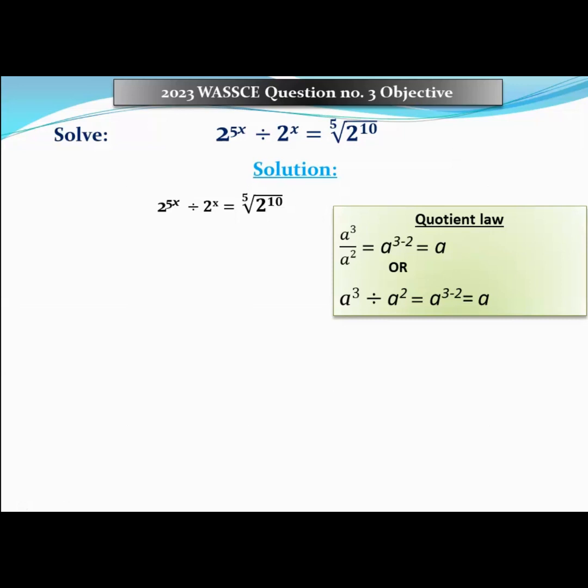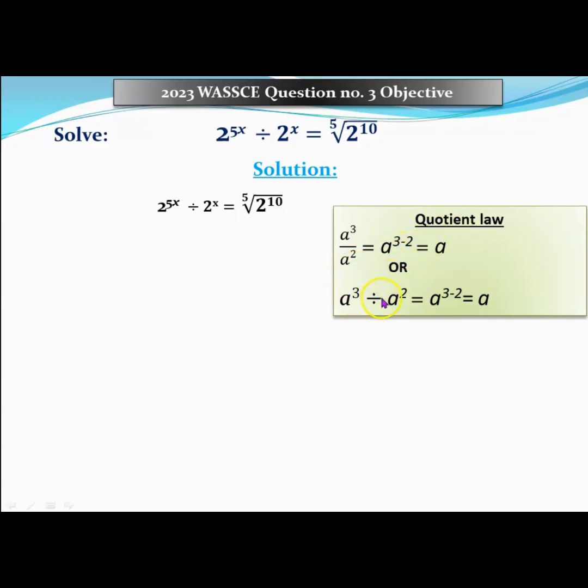We have the quotient law, or rule. If we have a to the power of 3 divided by a to the power of 2, that will be equal to a to the power of 3 minus 2, and it will be equal to a. That needs to come to your mind.